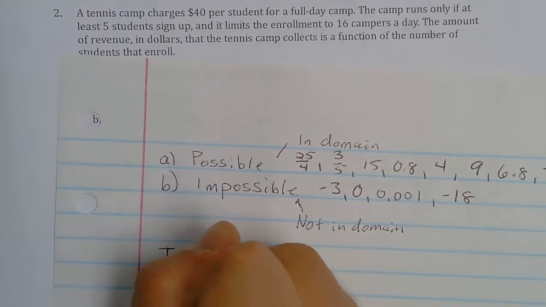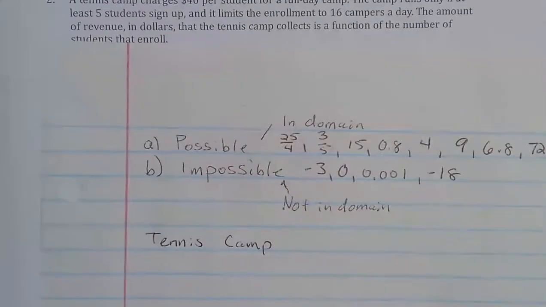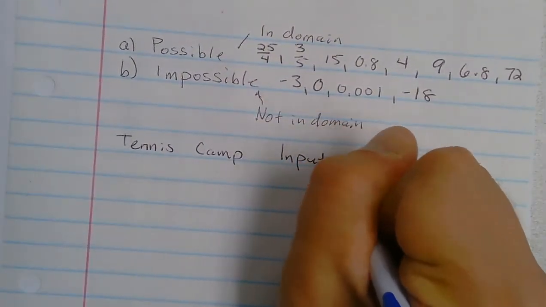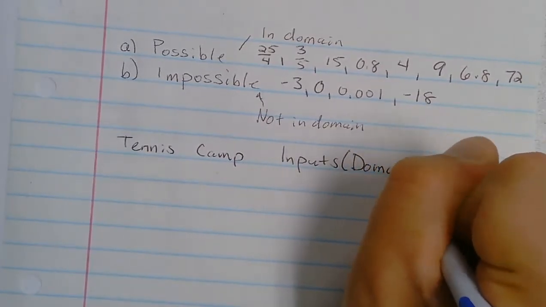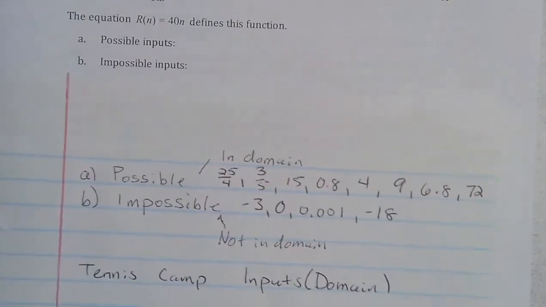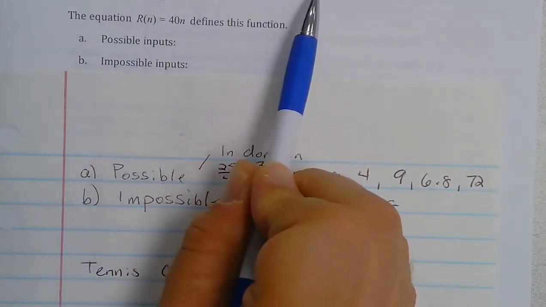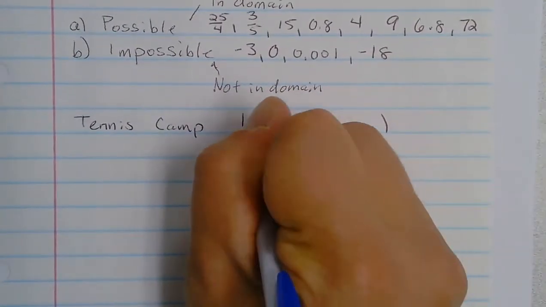So for tennis camp, if we look at the inputs or the domain, again, domain is our fancy math word for that. It has to be at least 5, and up to 16. So we could say our domain here is between 5 and 16.